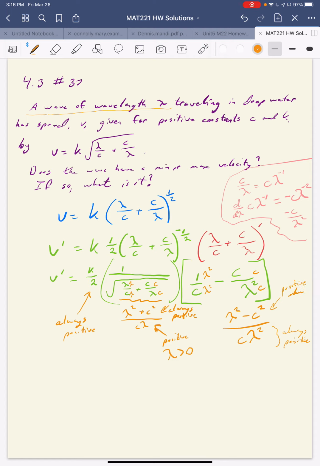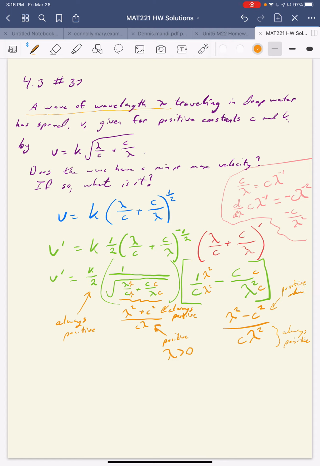All right, and so let's go ahead now and look at what's going on. When lambda equals c, that's my critical point. And I know that the derivative is positive. We just found that out up here. The derivative is positive whenever lambda is greater than c. So over on this side, my function is increasing, because the derivative is positive because lambda is greater than c.